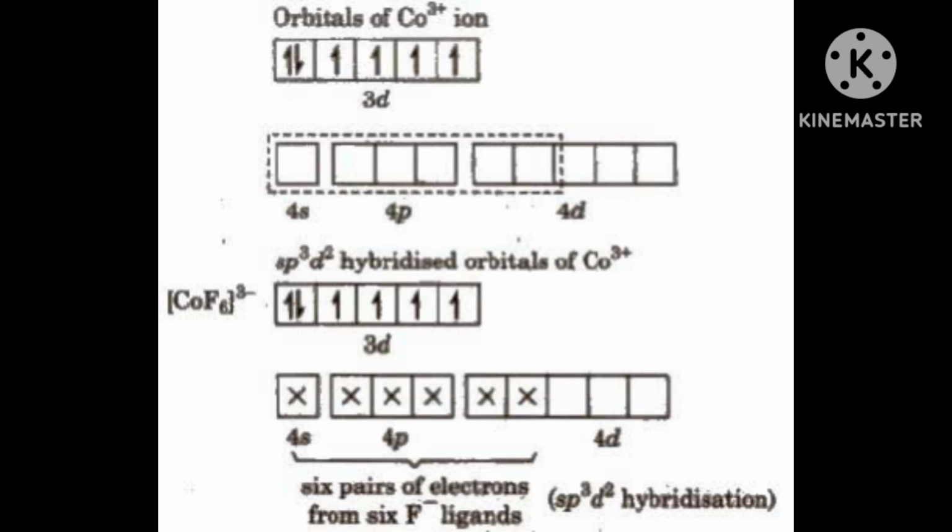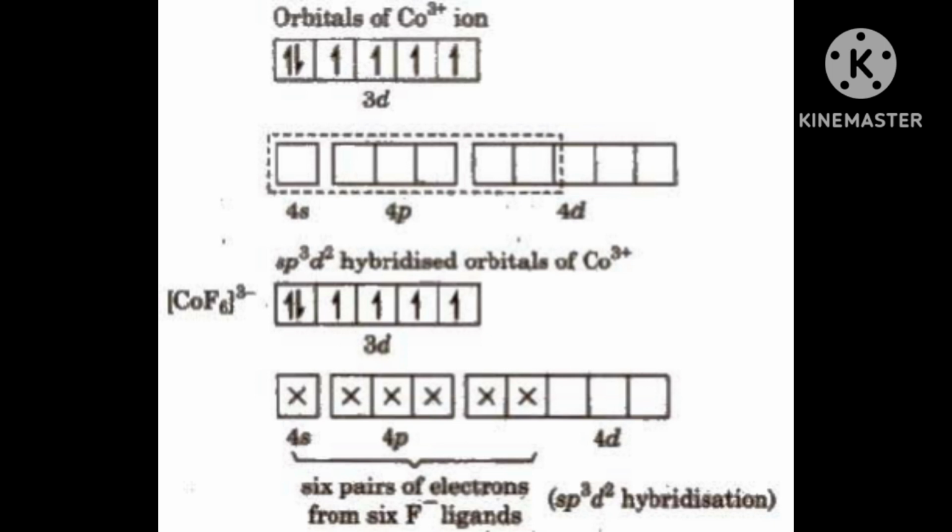In tetrahedral complexes, 1 s and 3 p orbitals are hybridized to form 4 equivalent orbitals oriented tetrahedrally.